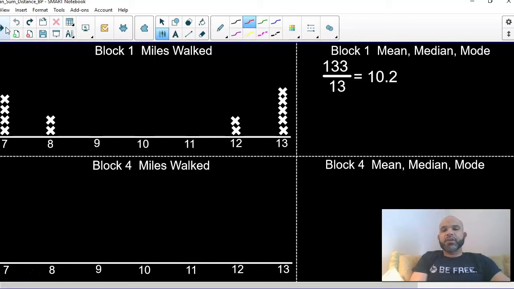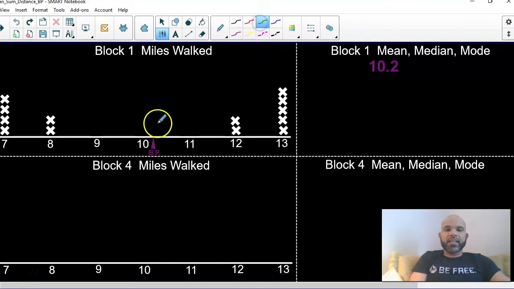And because there's 13 points, when you divide that by 13, you get 10.2. So your balance point was 10.2. Notice where I placed it, a little bit past the 10, halfway of halfway, half of less than that even. So that's where your balance point should have been placed.